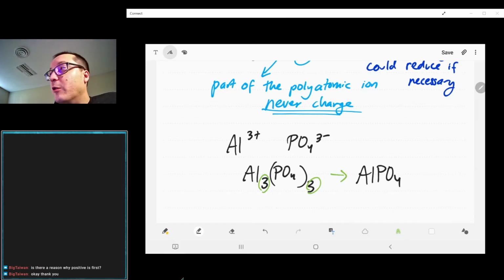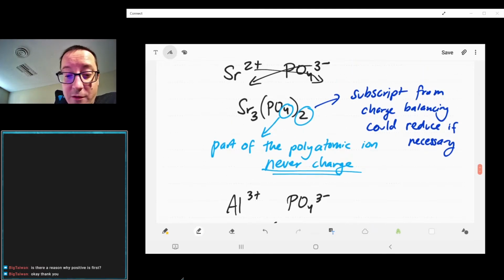That 4, though, we can never change. So it's important for us to distinguish between subscripts that are part of the polyatomic ion and subscripts that are from charge balancing. Again, this is really going to benefit if you memorize your polyatomic ions. You'll be less likely to make mistakes if you do so.